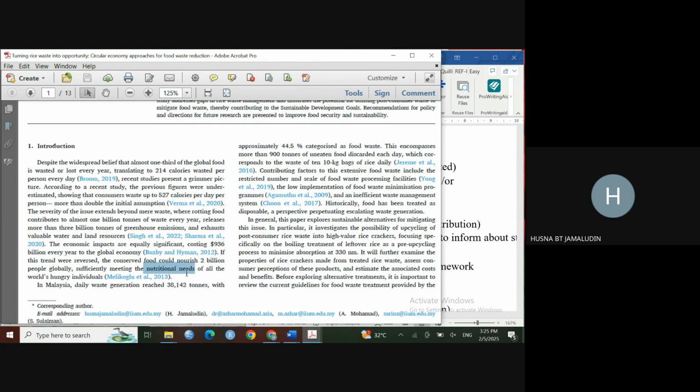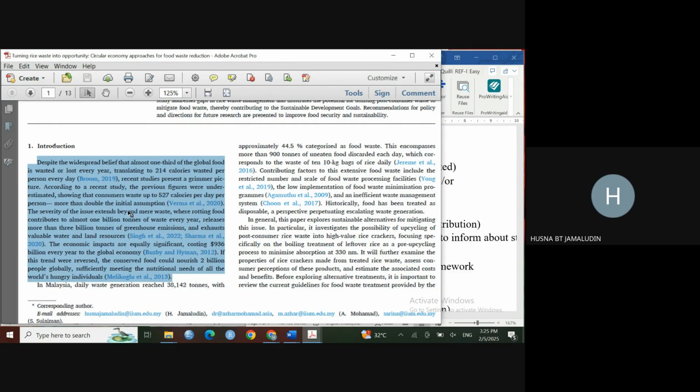So you are saying that if you are having this food waste, it's not just about environmental issues, you have economic issues, you also have social issues. So just give in one paragraph, you are listing everything in that, to show how significant your study is by highlighting the problem from your topic.